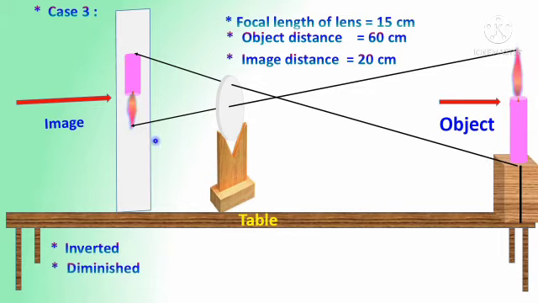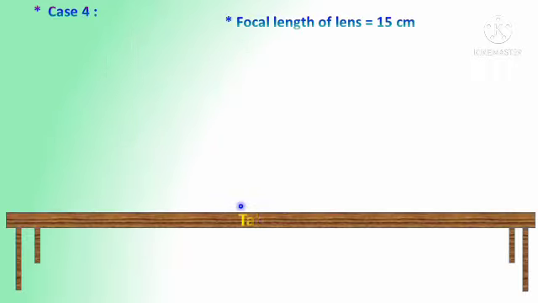Inverted, diminished and real image. Inverted: the tip of the flame is upward for the candle object, but the image is inverted. Next one, real.